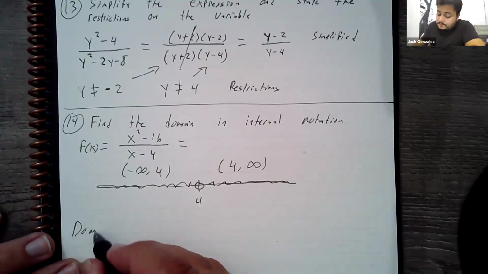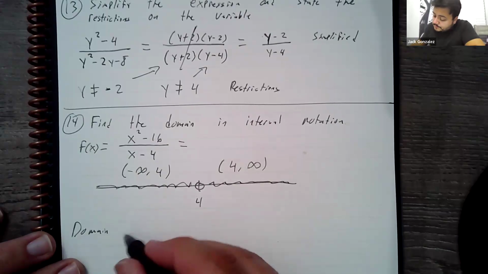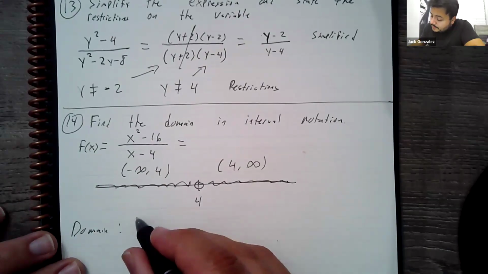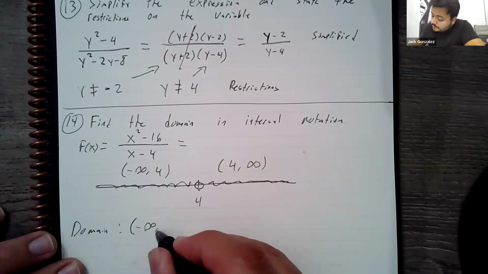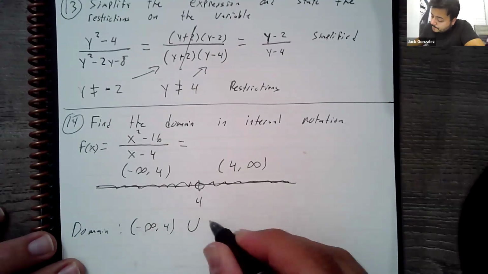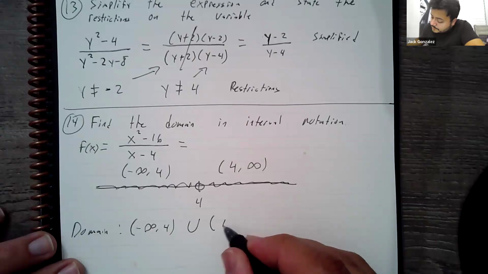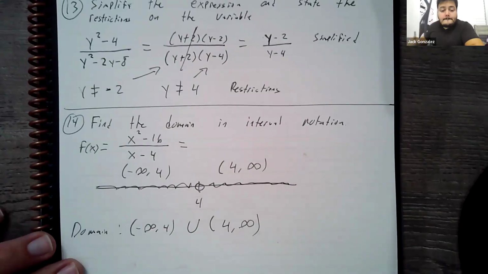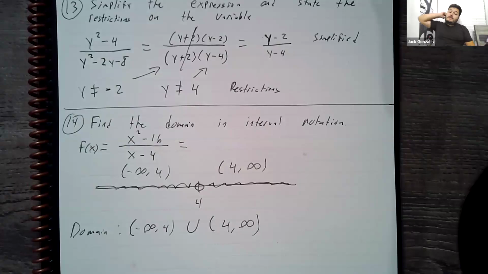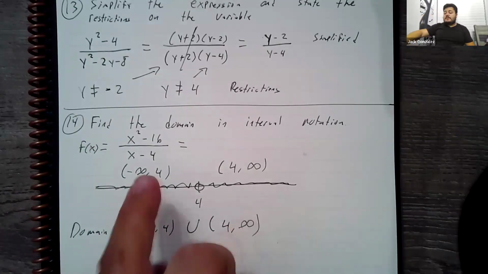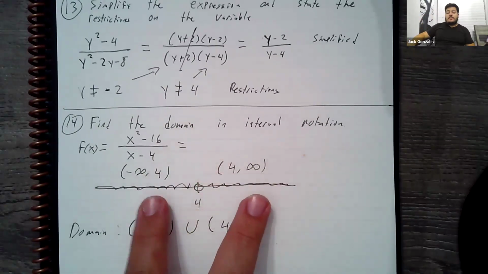So write it in interval notation. Negative infinity to 4 combined with the 4 to infinity. Did you see how, because we have the division by 0, we just work around it?